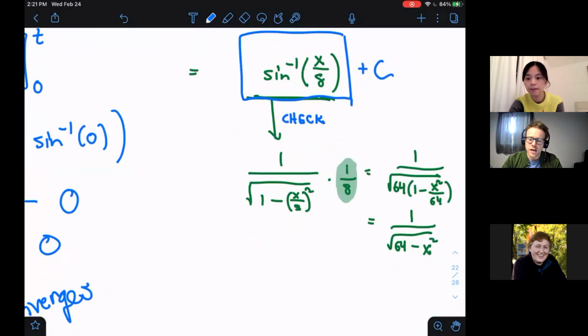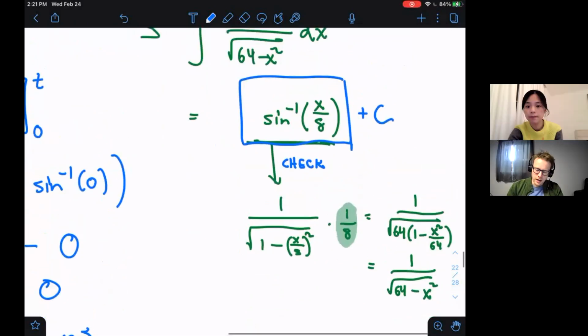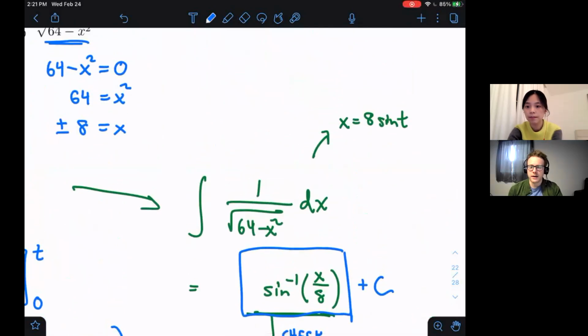And I saw in chat a few people bringing up as well that a safer way than guessing and checking would be using one of our methods. In particular, you did this a lot in chapter 6, where you factor out this 64, and then the square root of 64 would be 8 and all that sort of stuff.